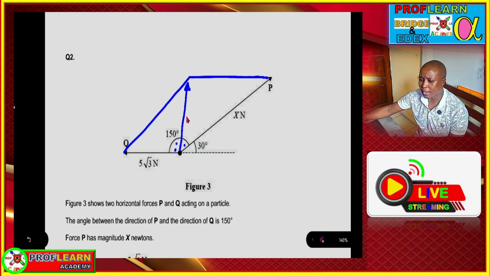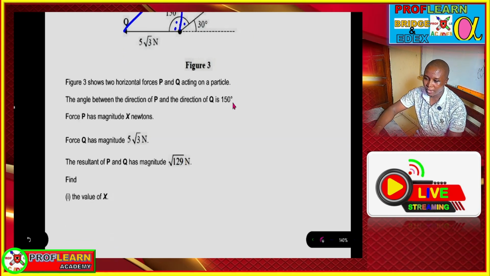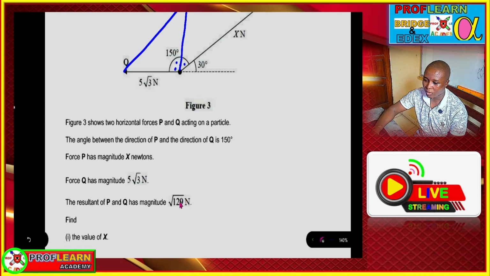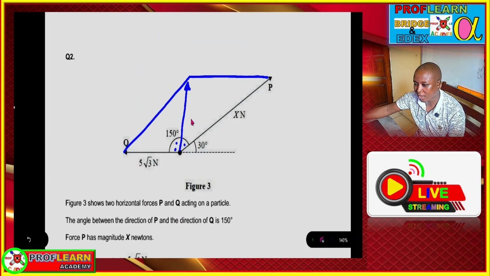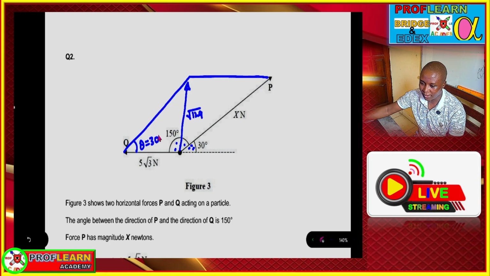Since we were told in this question that the resultant force has a magnitude of root 129, you can say this is root 129, and this angle here is also 30 degrees.